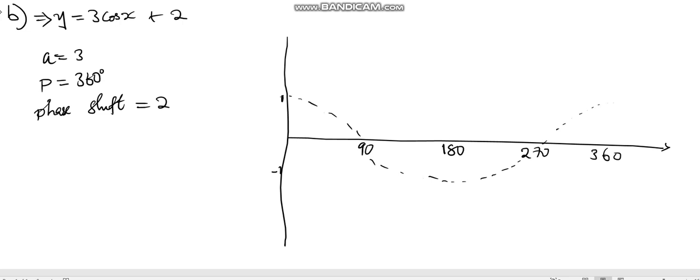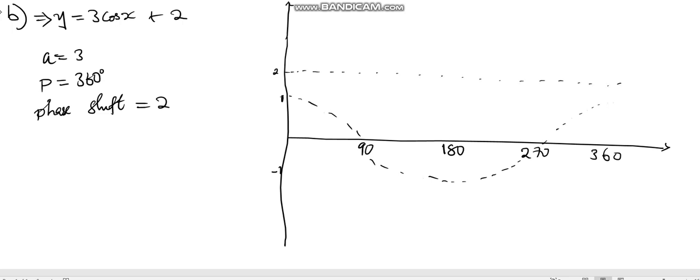So if you look at this function here, we're adding a +2 here, meaning that there will be a vertical shift. This 0 line is going to be pushed 2 units up, so we're going to have our 0 line at 2 there. So we're just trying to sketch. So the 0 line shifts to 2 there.